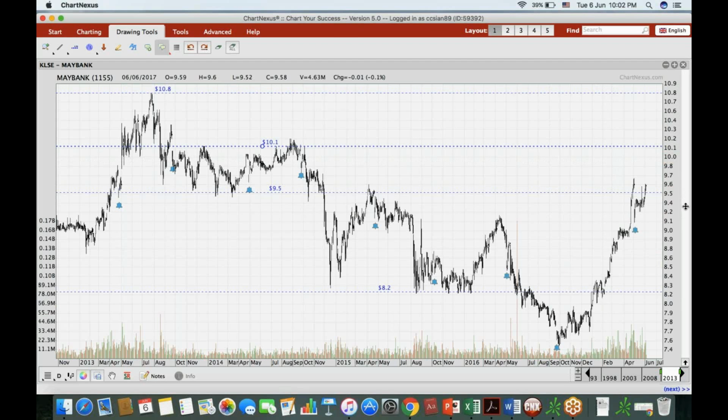What does the blue bell in the chart represent? The blue bell represents a special event, like a dividend, where they give you a dividend, or a stock split. Next question, is Chartnexus a free software? Could you suggest any other website or software for technical analysis? For me, I use Chartnexus because it's free, but it's free for 3 years of data. If you want historical data, you need to pay for it.